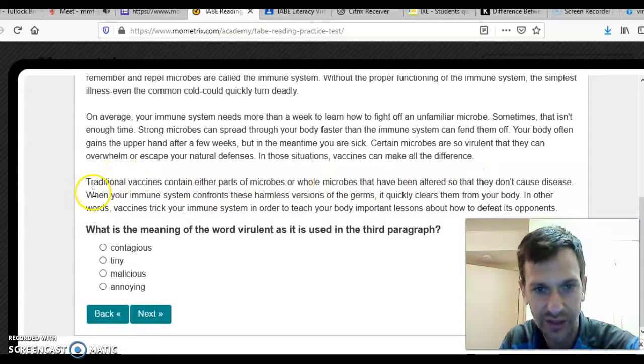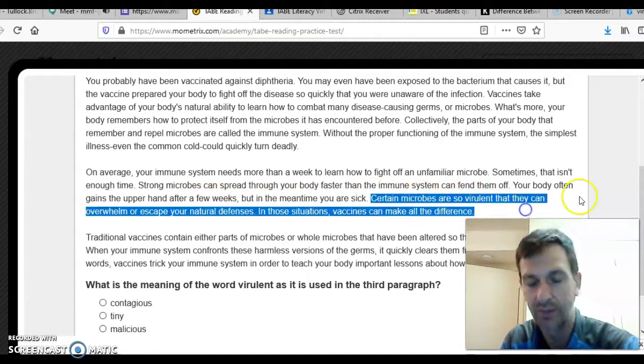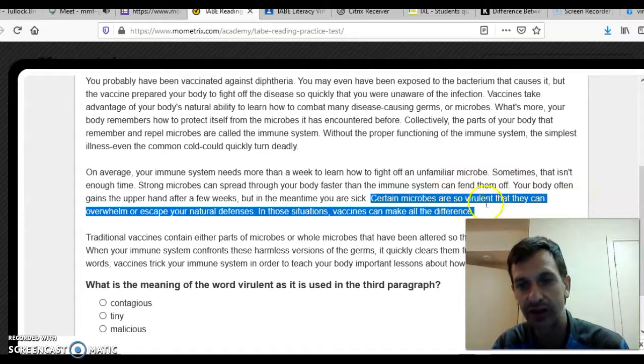Let's look for the word virulent. When you use these harmless versions, it generally clears them. In other words, vaccines. Okay, that's not the third paragraph. Your body gains the upper hand. Certain microbes. Okay, here we go. So, what we do is we scan for the word virulent. Certain microbes are so virulent that they can overwhelm or escape your natural defenses.